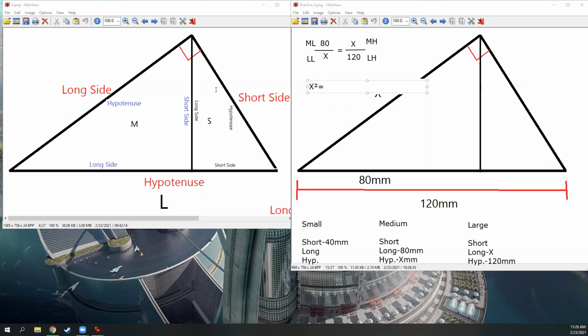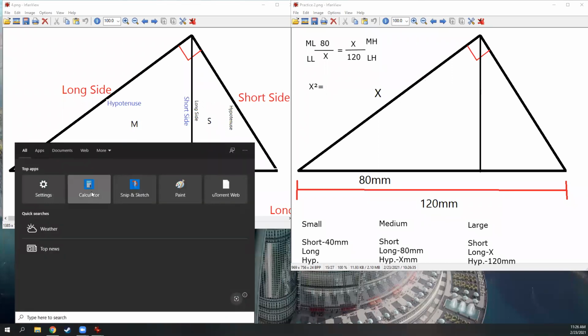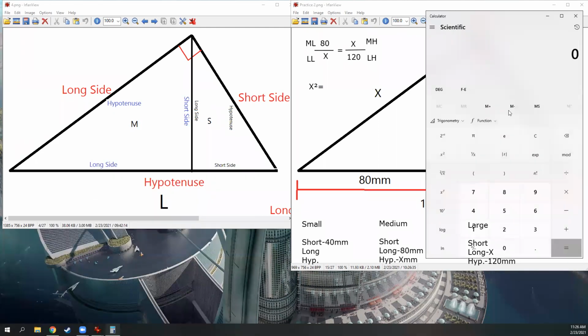Equals, because the equal sign stays the same, and 8 times 12, I should know that. That's actually a multiplication table. Whatever. Oh, 96. So 120 times 80 is, yeah, 9,600. I don't know why I said some other stuff.